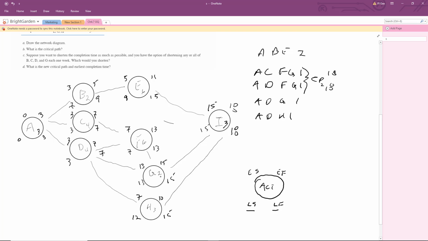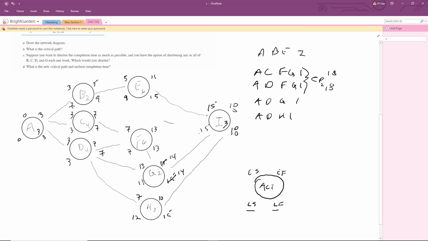And if we look at G, suddenly we see that by just shortening G from 2 to 1 week, that indeed is on a singular path on the critical path. And if we strike off a week here, because of the way that this network works, coming out of G, we're driving the start time of I, and so this would end up being 14 and 14.